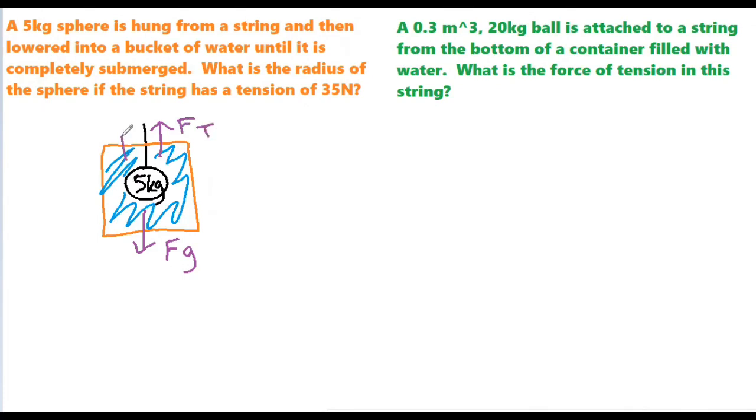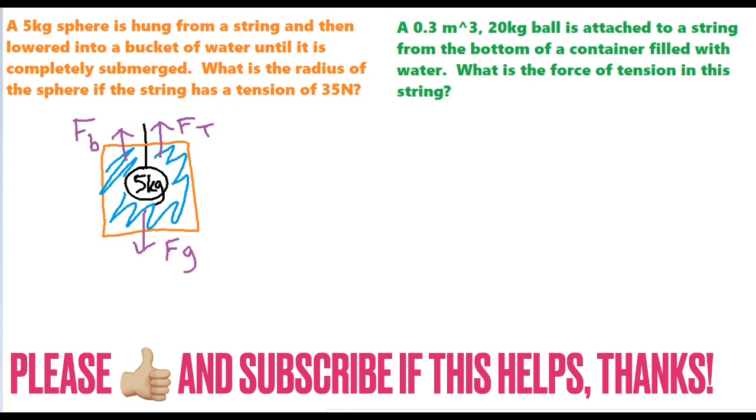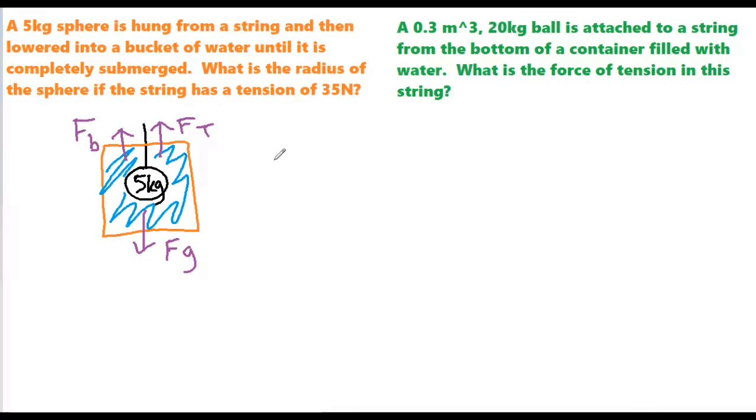And then in addition to that force of tension, we have a buoyant force applying a force upwards as well, which means that if the object is static, is at rest, then we have the buoyant force plus the force of tension pulling it upwards. And then we have the force of gravity counteracting that. So we're going to subtract it. And that would equal 0 newtons in total to keep it in static equilibrium.